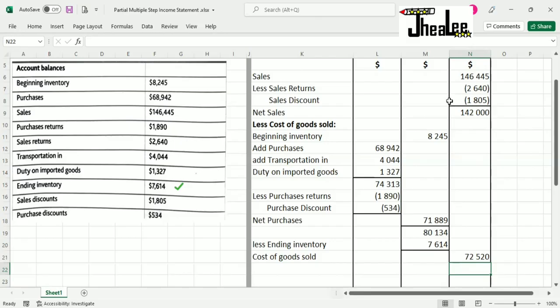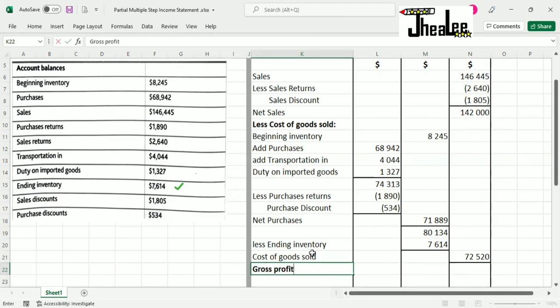If there wasn't any sales returns or sales discount, then of course, the figure that you would have subtracted this $72,520 from would be the $146,445, which is our sales figure. So remember, because sales is adjusted, we're subtracting the cost of goods sold from the net sales to get gross profit.